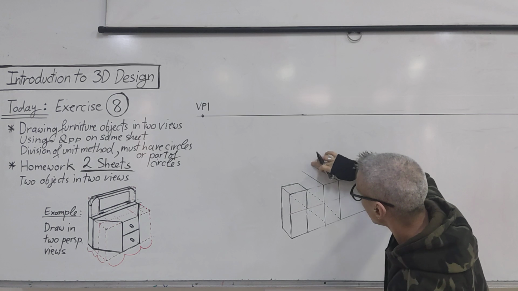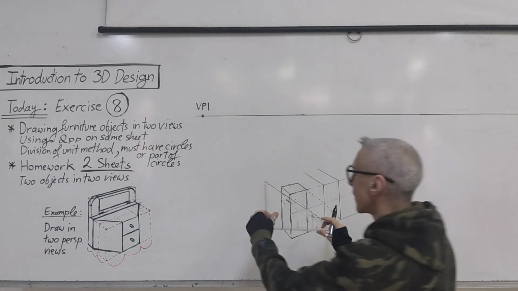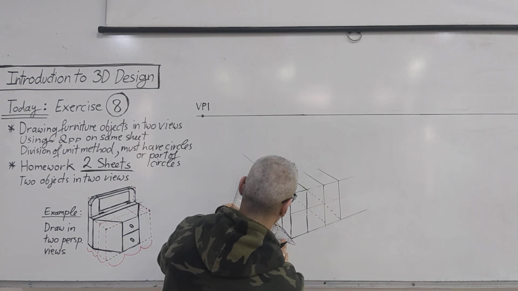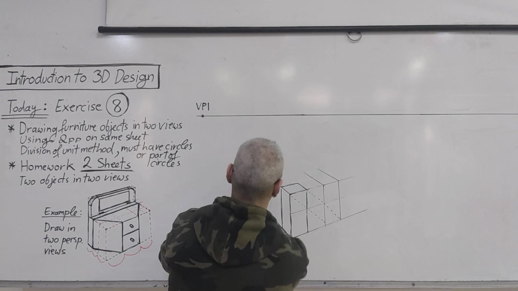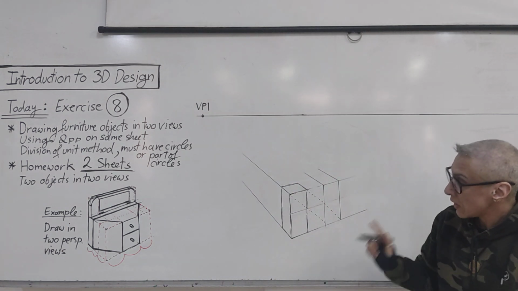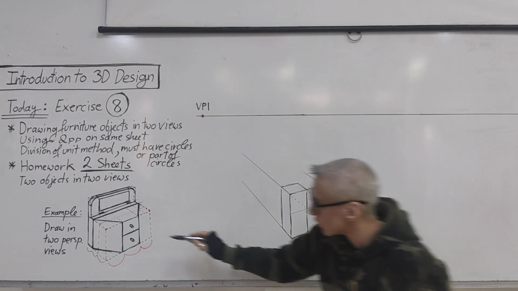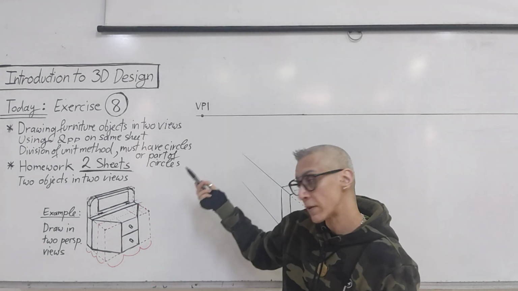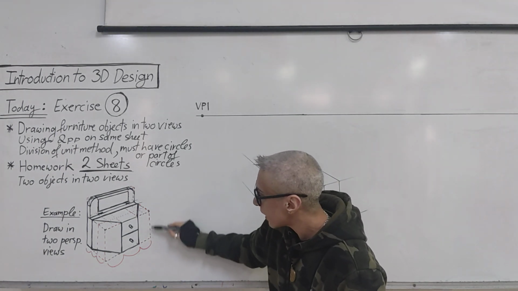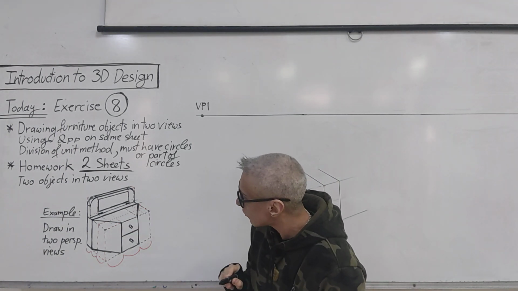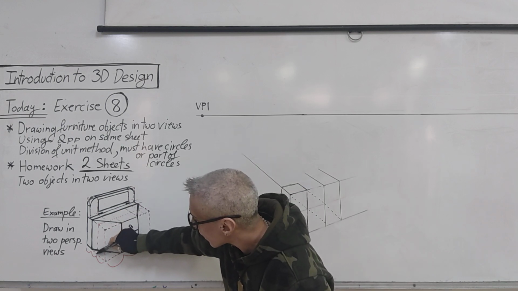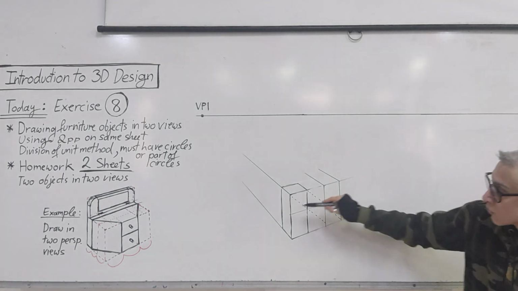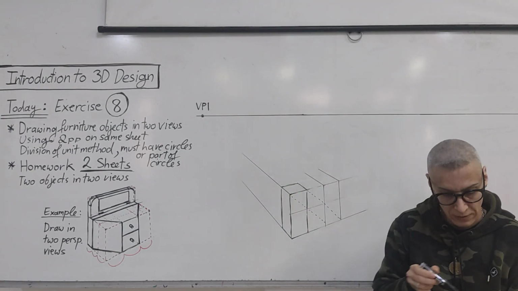Now, we might not need these lines, so I will not continue them. Now here, let me draw this line. Now, okay, this is here the first unit, which actually does not exist in my drawing, but I draw it because I need to find this unit and this unit, which is of the same size like this unit. There is also a second one and a third one that I want to draw of the same size, so we need to divide here as well.